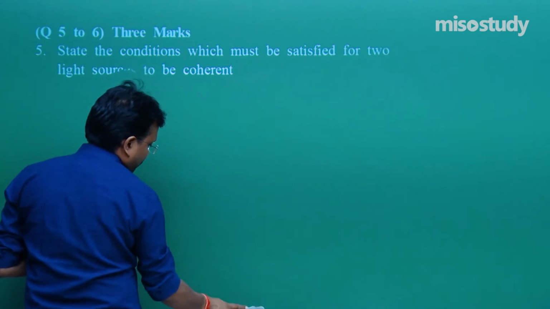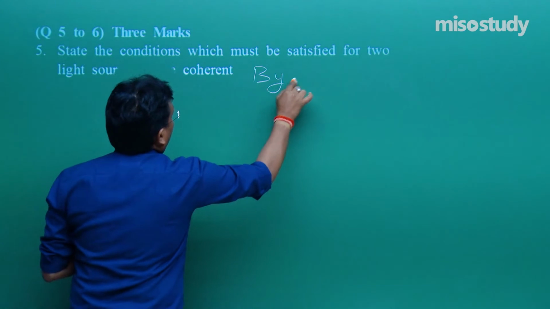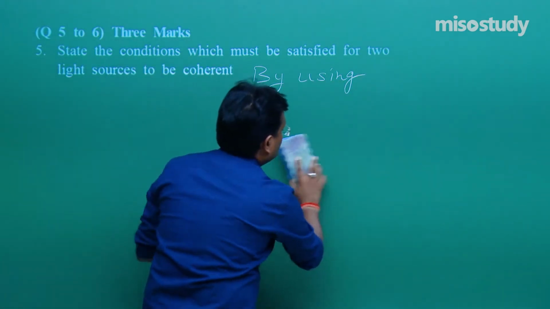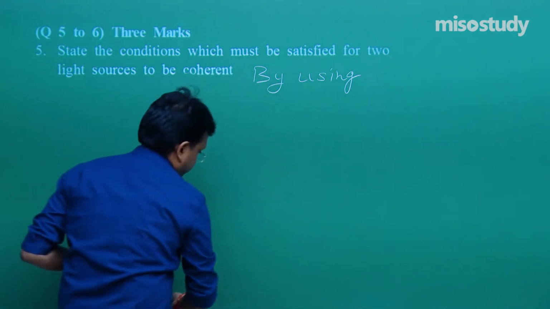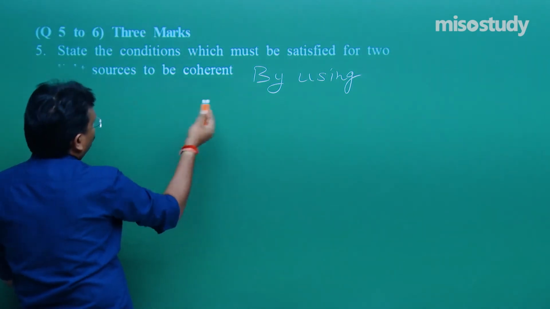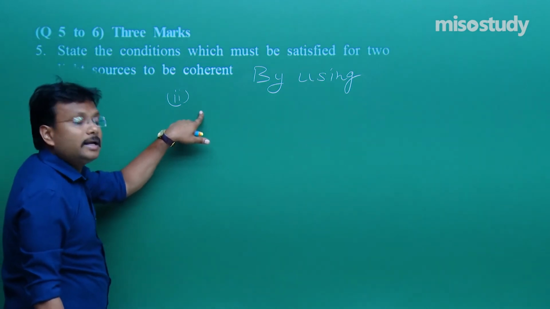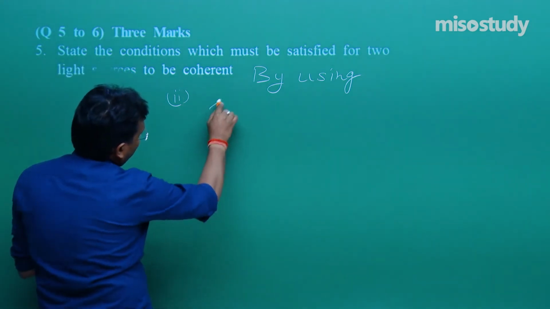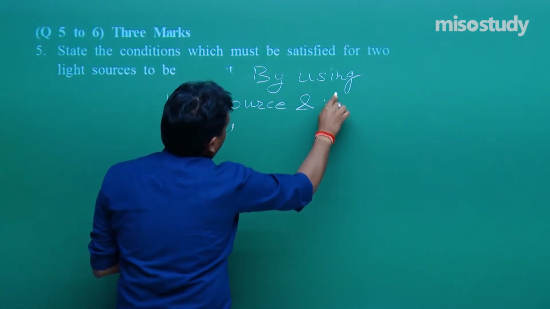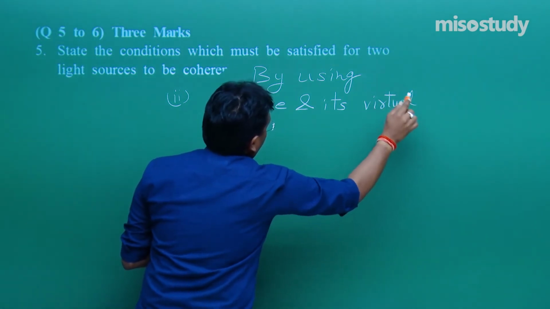Then I will say, by using, number 2, you can say source and its virtual image.